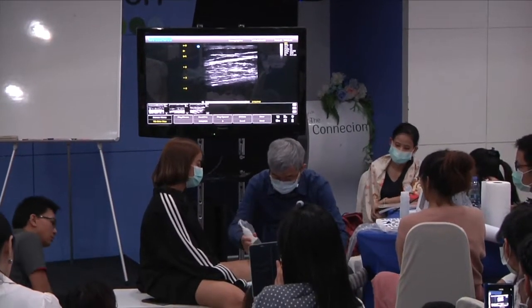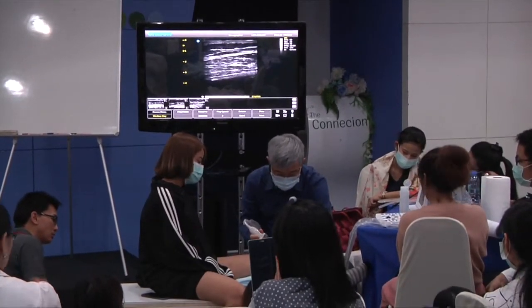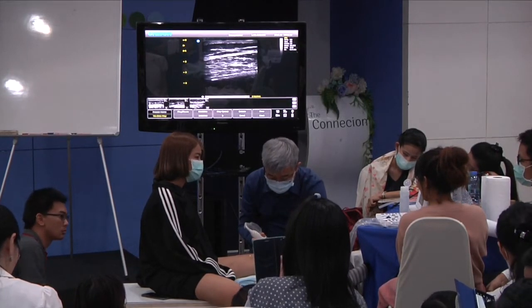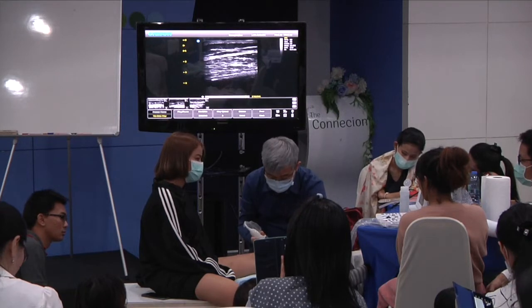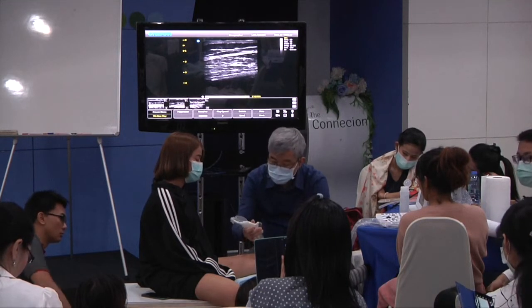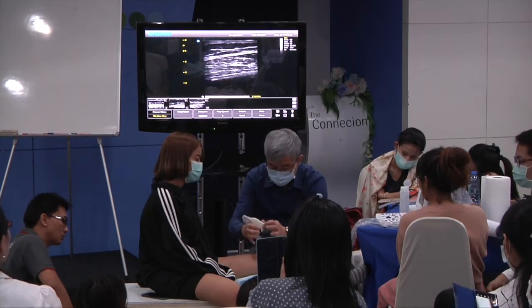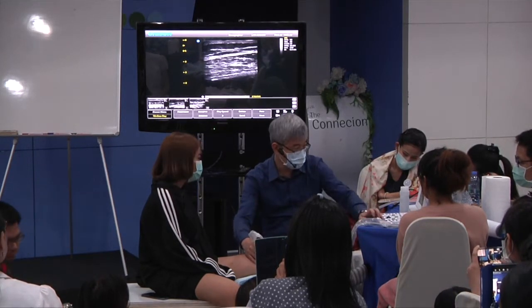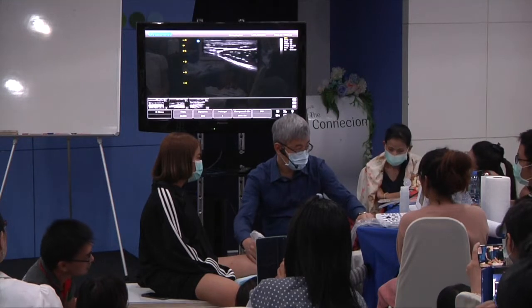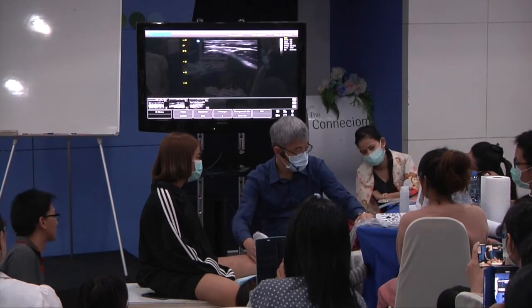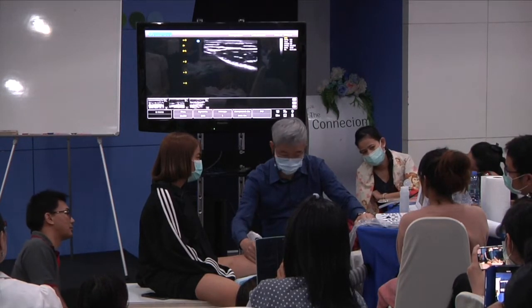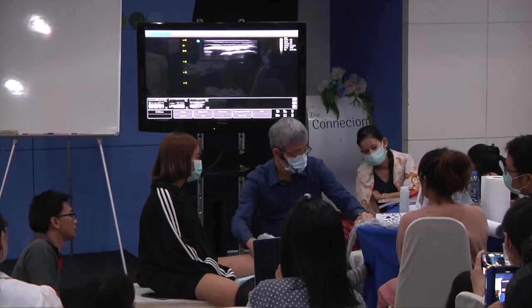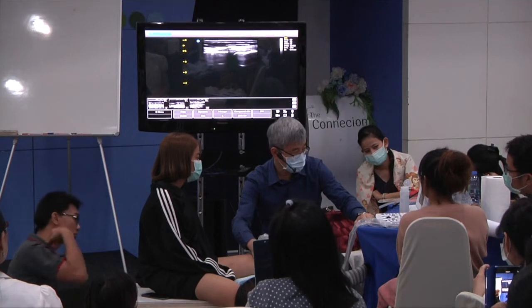okay, thank you. Use palpation to find the medial collateral ligament. Put the probe above. This is the VMO. The probe is too high. Good.